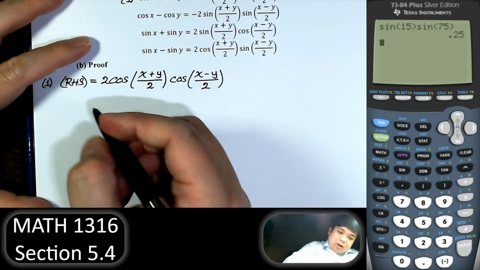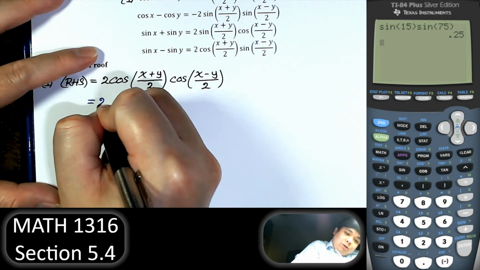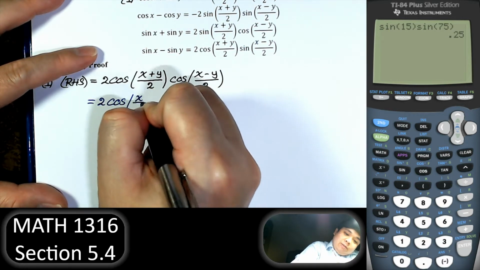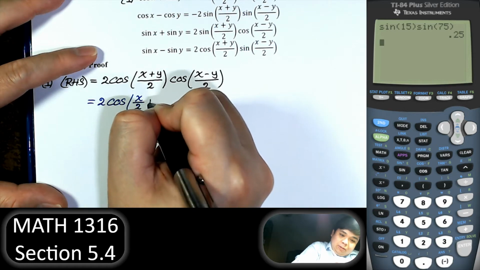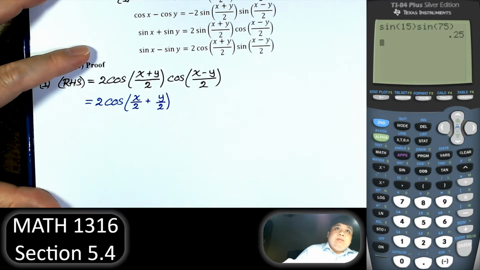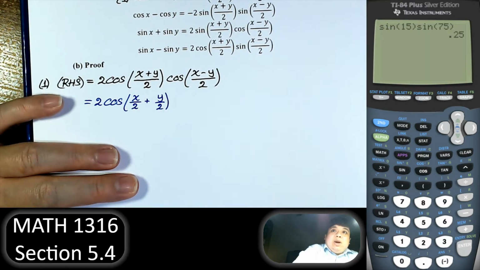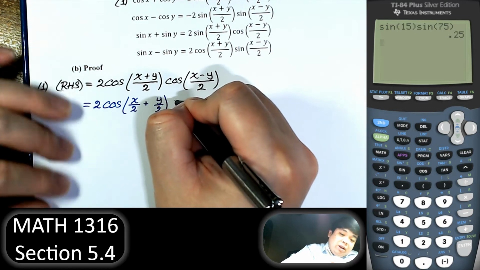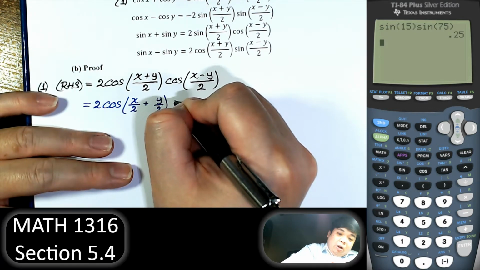So I start with that, and I will write 2 cosine, split this in half. By the way, this may be very complicated. There's another way which is more direct.